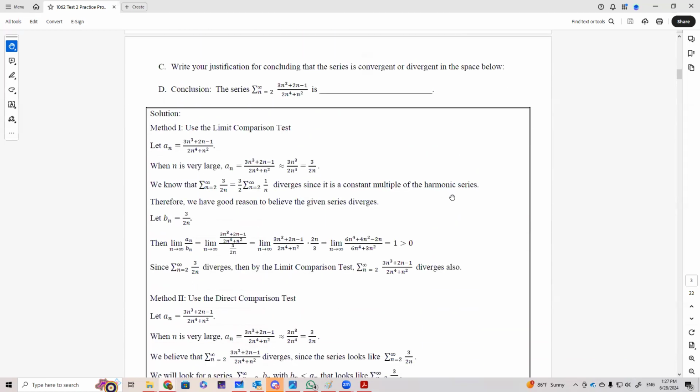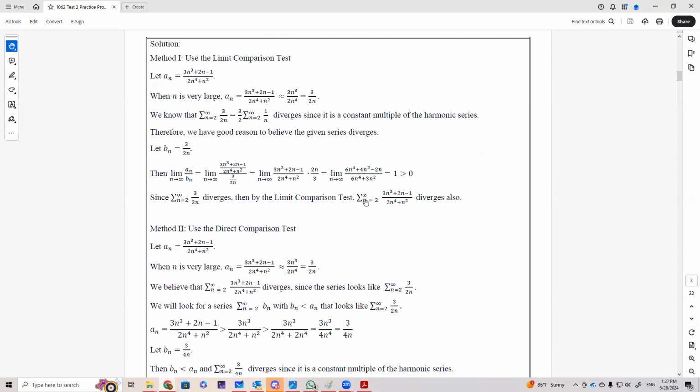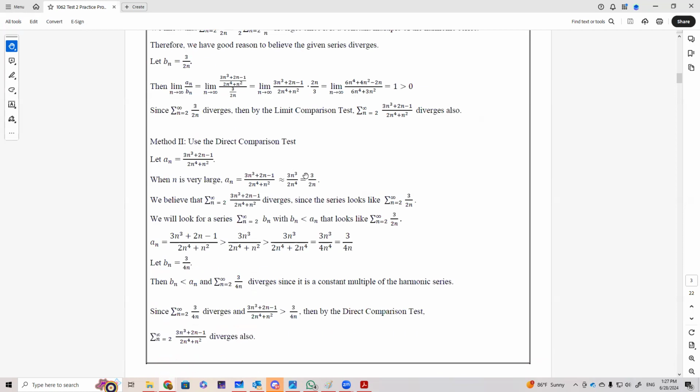Oh, before that, notice that in the solution here, I can actually use the limit comparison test by approaching the powers, like I was mentioning before. Because this is a limit, if the limit is bigger than zero, then there is divergence by limit comparison. The direct comparison is still comparing with 3 over 2 to the n.